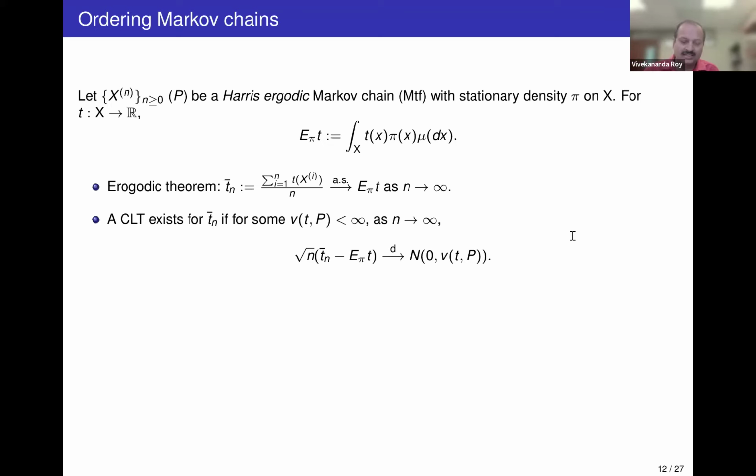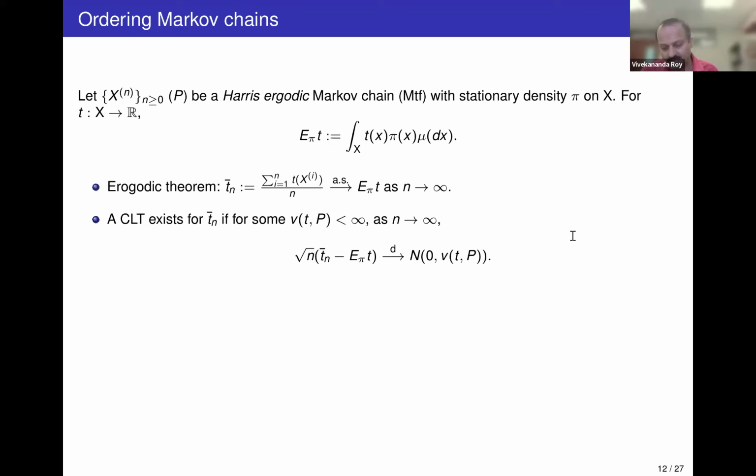So that means we can use samples from either of these to estimate the mean of some function, because we know that if these Markov chains are, say, Harris-ergodic, then the sample averages are strongly consistent.